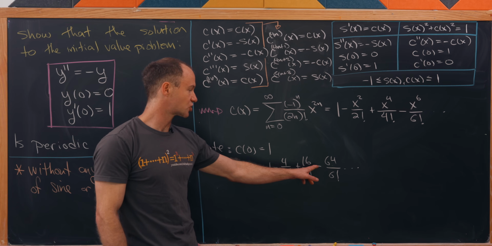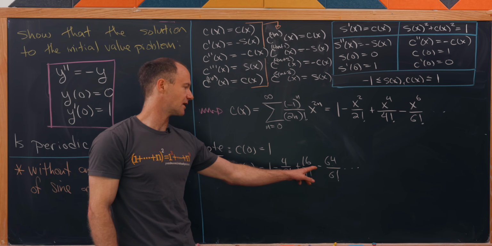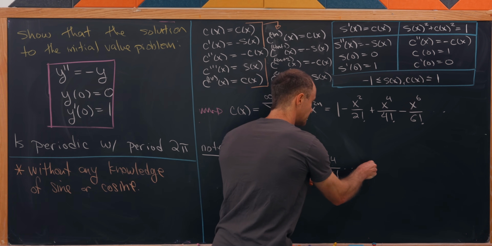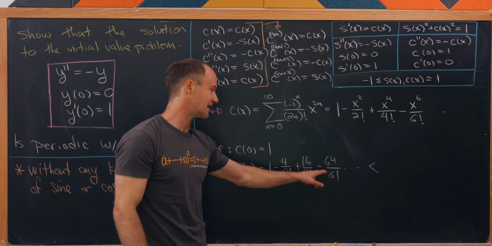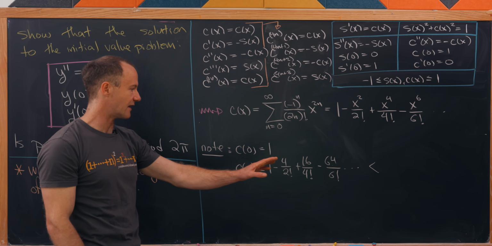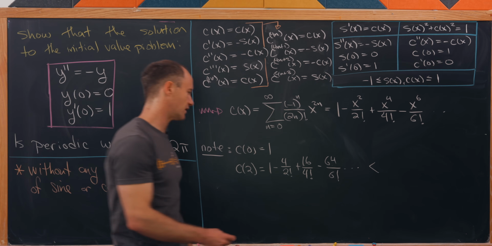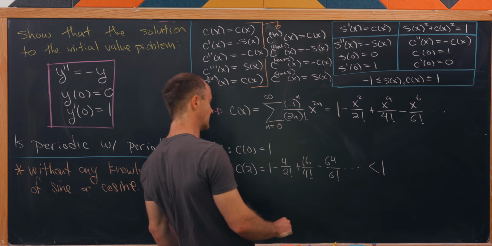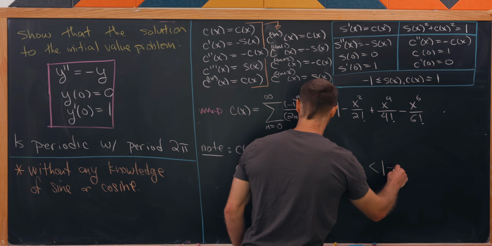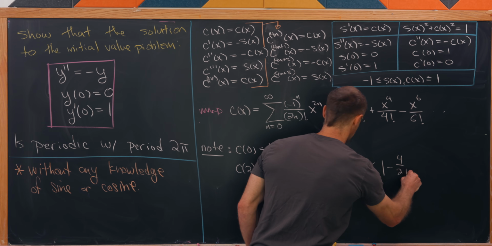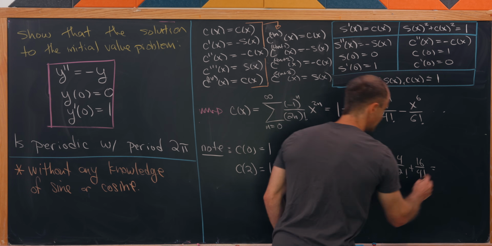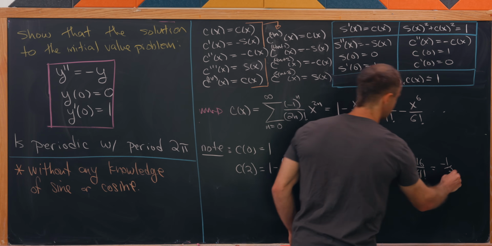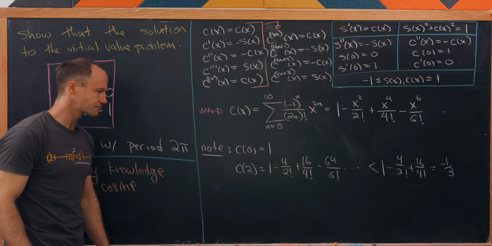But like I said, if we truncate it before a minus, we're going to end up with something larger. So that means I can put my inequality in this direction, cut out this minus 64 over 6 factorial and everything bigger, and the inequality follows. So this is going to be less than 1 minus 4 over 2 factorial plus 16 over 4 factorial. And then you can easily check that that is equal to negative 1/3.